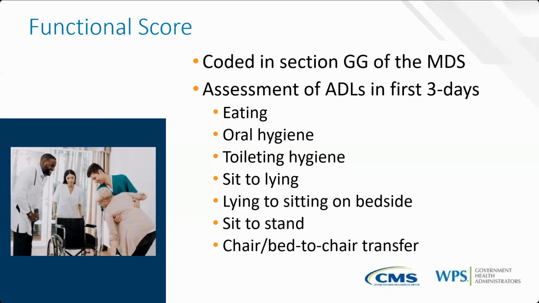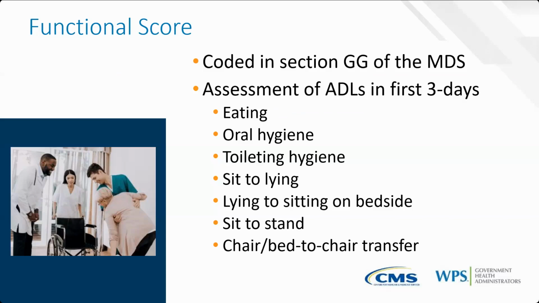The functional score is based on the resident's performance in eating, oral hygiene, toileting hygiene, sit to lying, lying to sitting on the side of the bed, sit to stand, chair or bed to chair transfer, and toilet transfer, and those are all assessed in the first 3 days of admission to the facility, with the admission day counting as day 1.